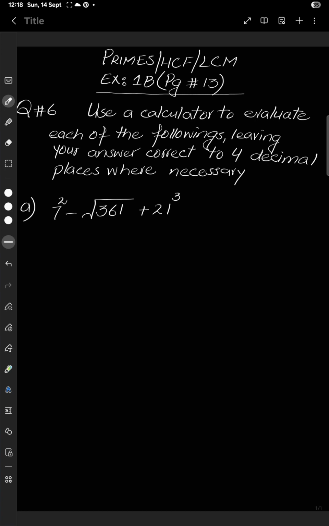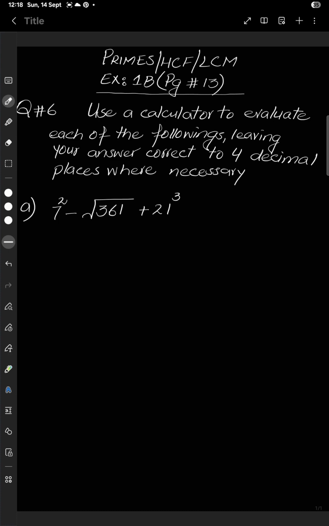Well, with the use of a calculator, as they are mentioning in this question, it is pretty easy to solve these questions. But today, I will do this question without a calculator. Obviously, if you want to do this question with a calculator, this method of explaining will also help you, because if your concept is clear, it will be easy for you even to do this question with a calculator.